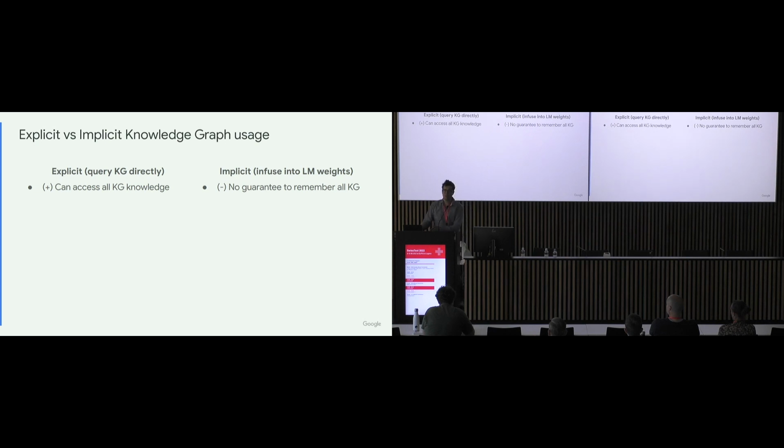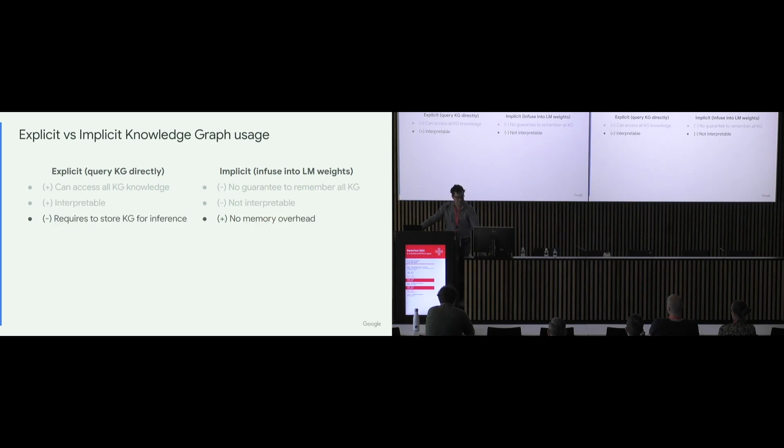The other approach, which is memorizing facts inside your model, has the disadvantage that it's not guaranteed to remember the whole KG. You can use salient span masking, you can provide all the facts in your knowledge graph, but this is a black box. You don't know how much it is remembering from it, how much it is memorizing. So the explicit retrieval from the KG is interpretable, but the implicit one is a black box, it's not interpretable.